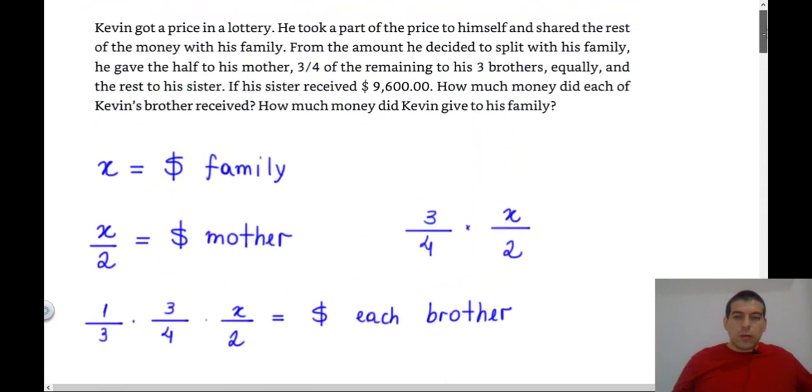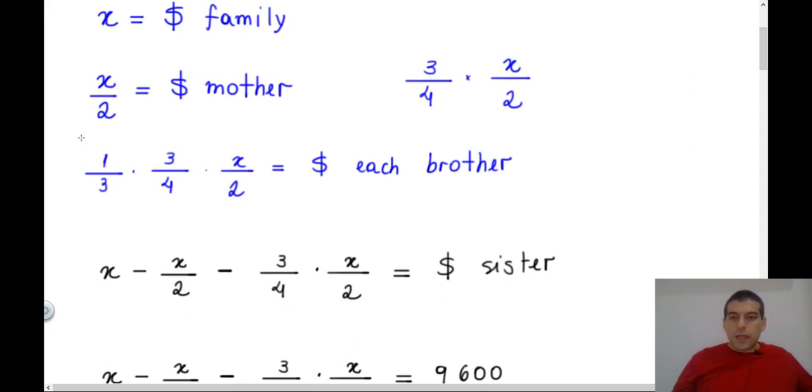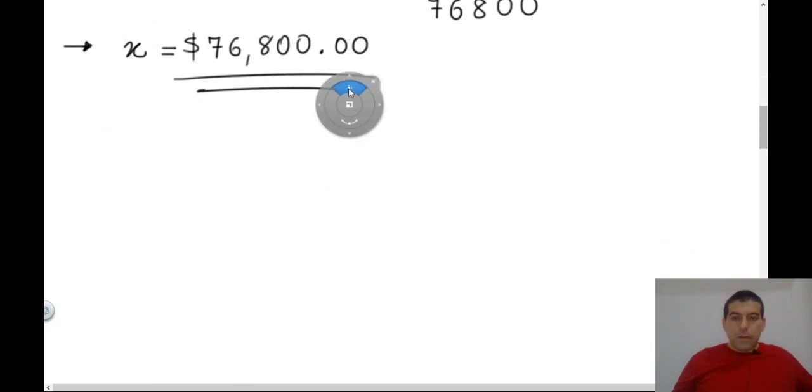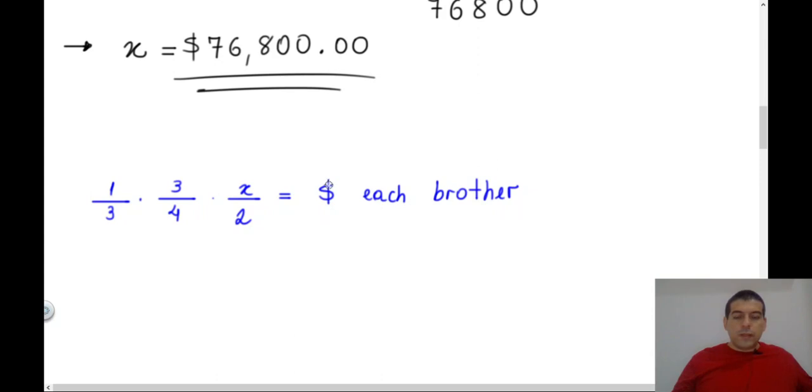To conclude the question, we just need to find how much money each brother of Kevin received. Okay, I know that the quantity that each brother received is this one, okay? And we can evaluate it because we already know the value of X. So let's solve. I will take that amount here that represents the money that each brother will receive, and I will find out what it will be.